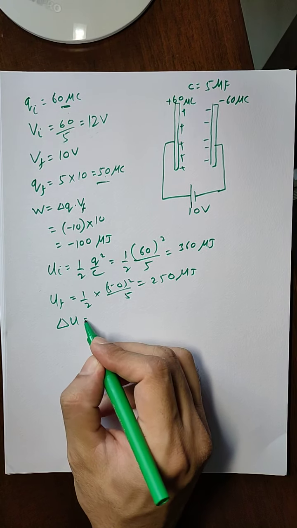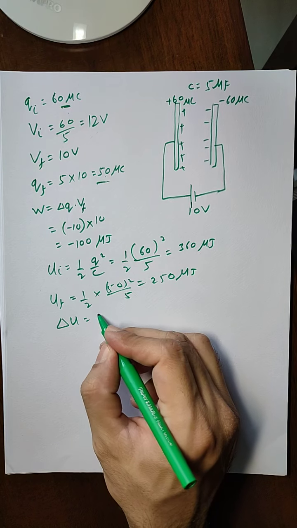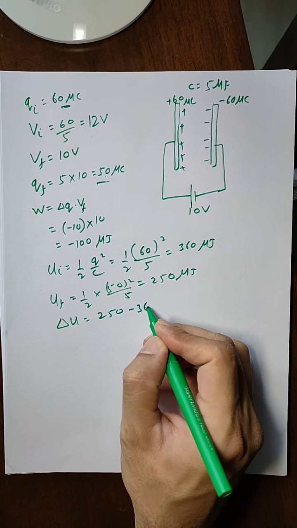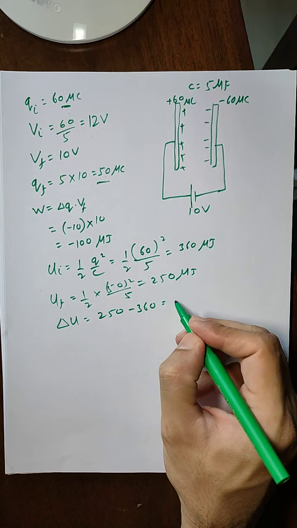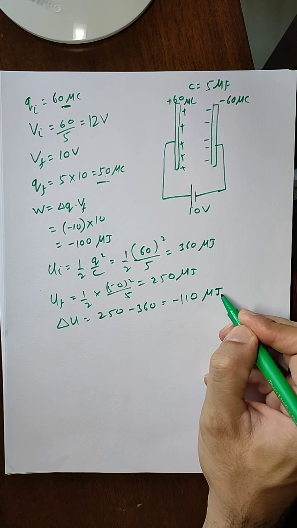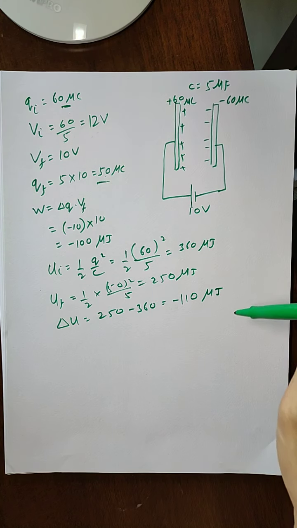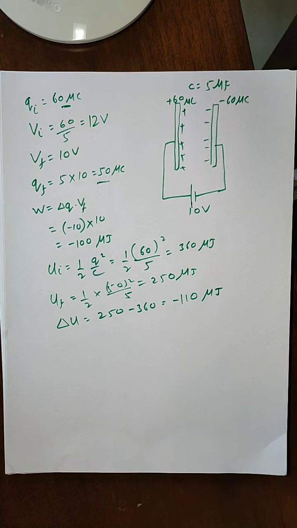So the difference in energy, the final minus initial energy, will be equal to 250 minus 360, so this will be minus 110 microjoules. So that means the potential energy or the energy of the system is decreasing after connecting to the battery.